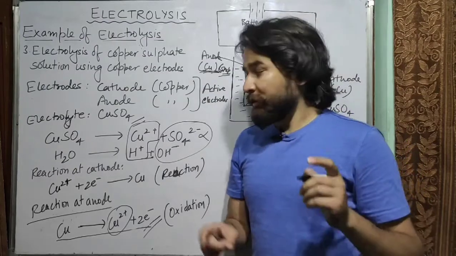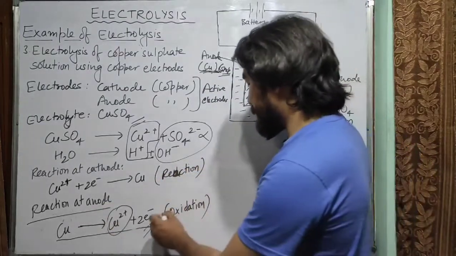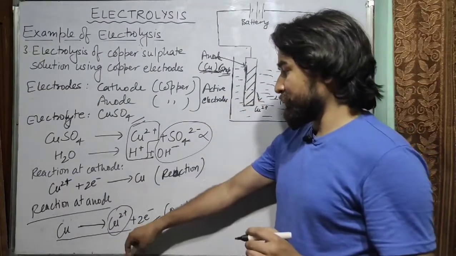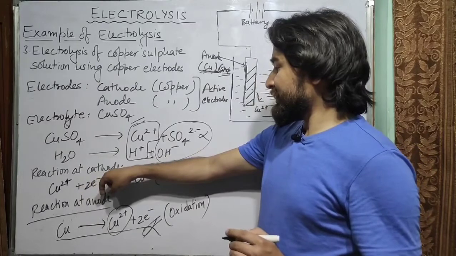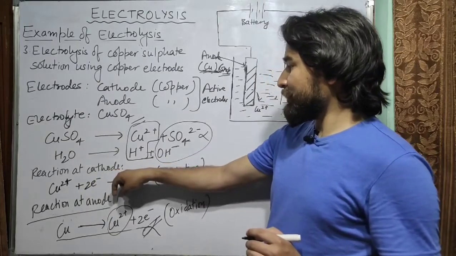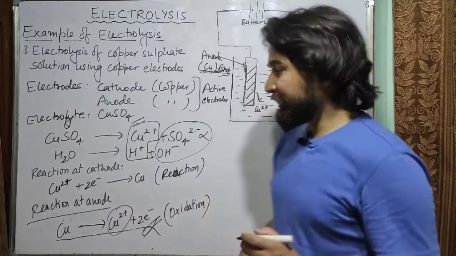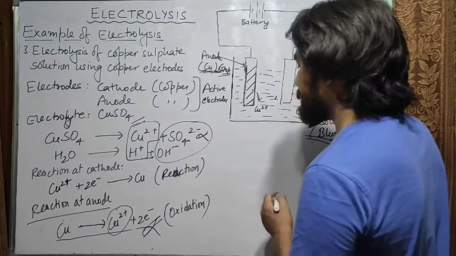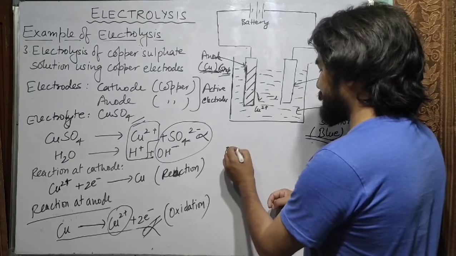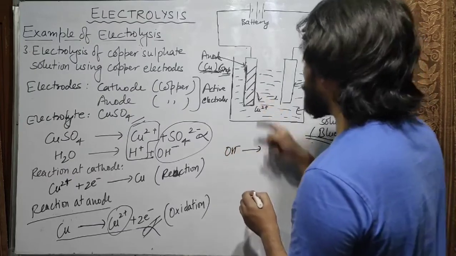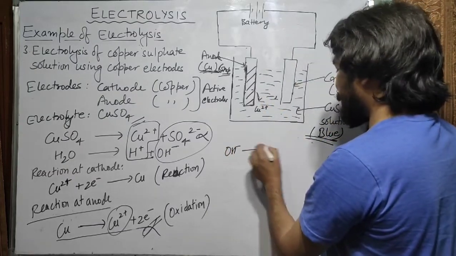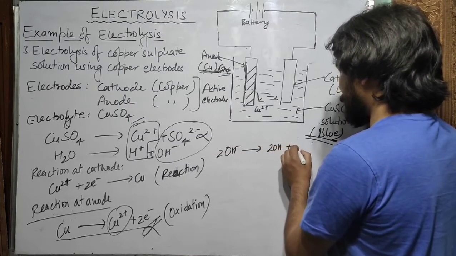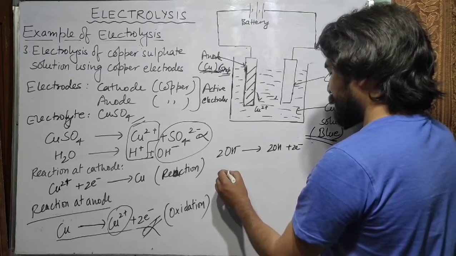So what will happen if we are using graphite, not a copper electrode? Remember, the reaction at the anode will change because we don't have any copper at the electrode. The reaction at the cathode will be the same. And at the anode, out of sulphate and OH minus ions, the OH minus ions will move towards the anode and will form 2 OH plus 2 electrons, and again 4 OH.